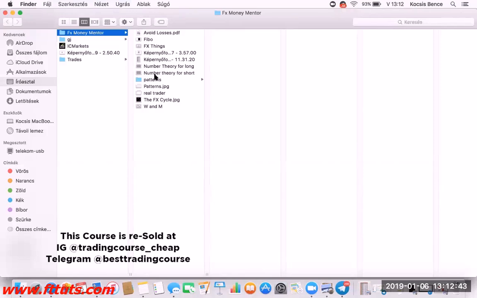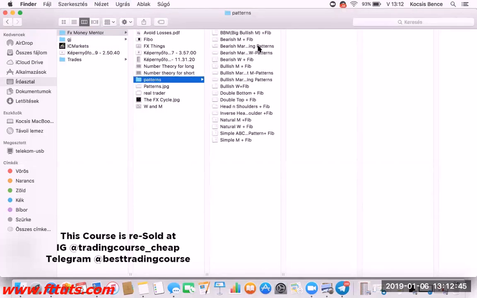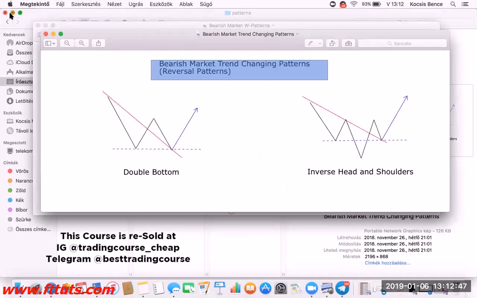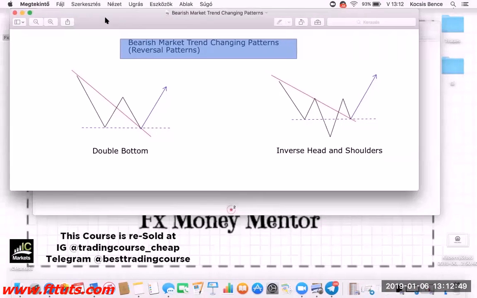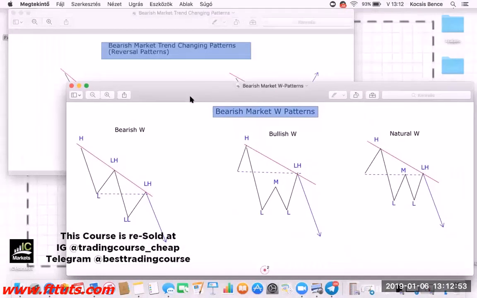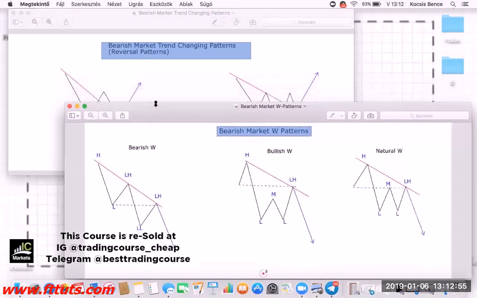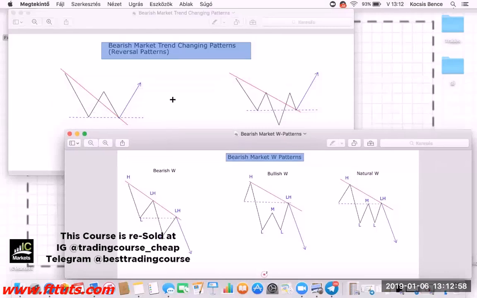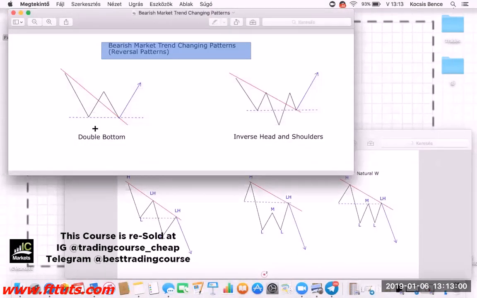We have two trend changing patterns on the bearish market. The two trend changing patterns are the double bottom and the inverse head and shoulder.